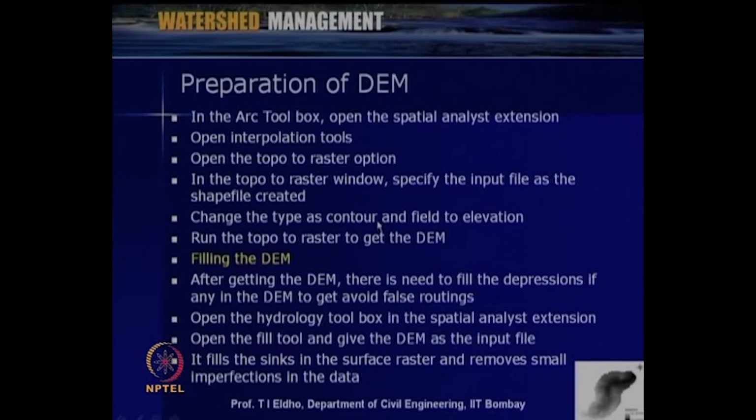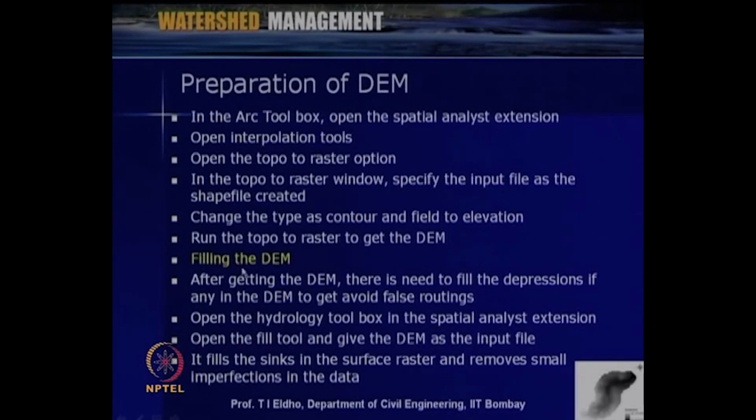So, using the scanned topo sheet, the shapefile and the detailed contours, we are now making the digital elevation model. Say for example, for the Benha watershed I mentioned, this is the digital elevation model. Once the digital elevation model is made, we have to do certain steps.